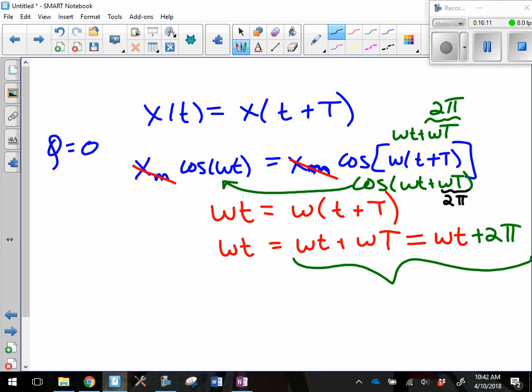So effectively what I'm saying is that this omega T has to be equal to 2 pi.